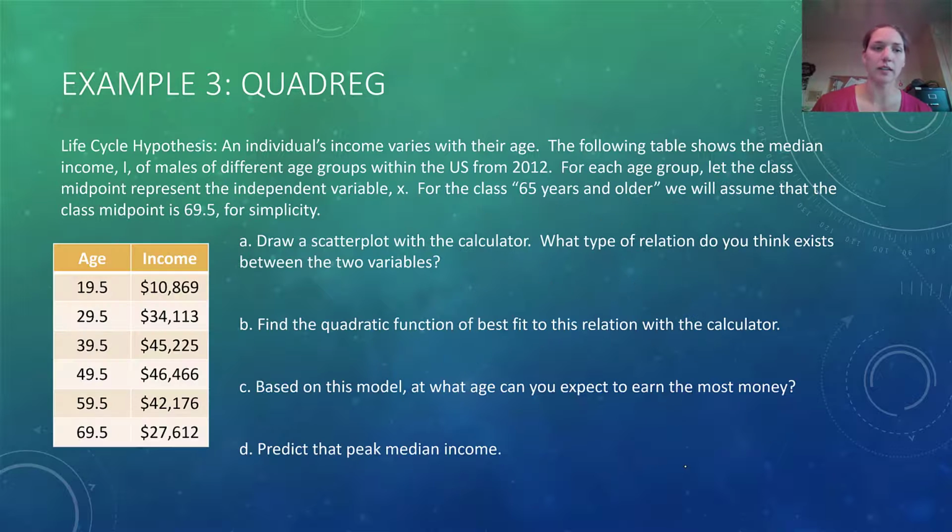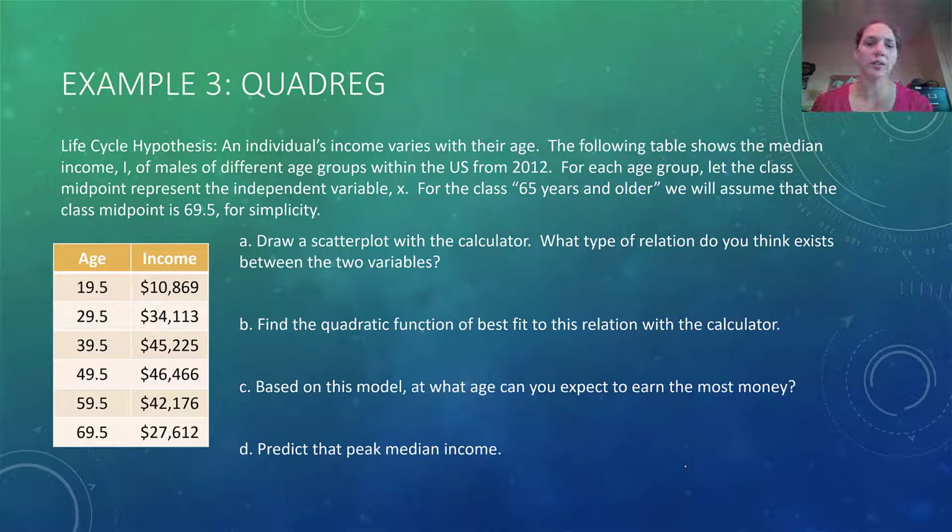The other kind of problem that we might see is one where we need to use quadratic regression. We know what linreg is, right? We did the best fit line for a linear function. Now we're going to do best fit for a quadratic. It's in the same place, stat, calc, and then quadratic, right? So wherever you found linreg before, it should be right underneath it.